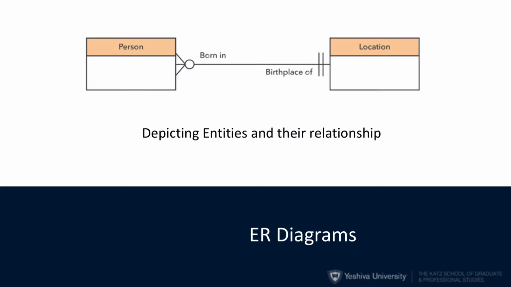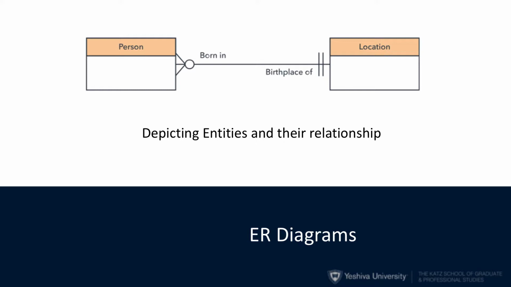Now that we've established the relationship between two entities, let's look and see how we would depict it. Shown are two possible tables, a person table and a location table. And what we want to show here is where each person was born. I know that more than one person can be born in a certain location, so the relationship between the tables is many people can be born in one location, but each person can only be born in a single location.